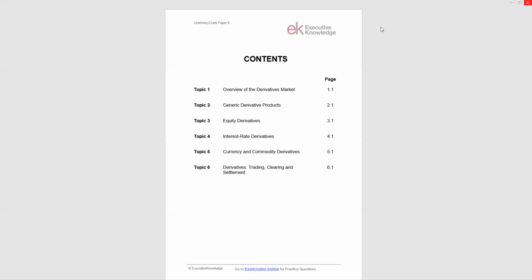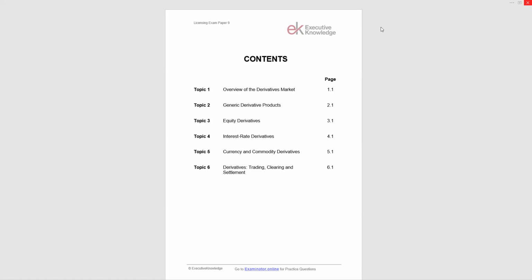And again, we look at pricing, hedging, and trading strategies. Topic 5 considers currency and commodity derivatives, 2 separate types. For the currency, we look at forwards, swaps, and options. We consider pricing, hedging, and trading strategies for both currency derivatives and commodity derivatives.